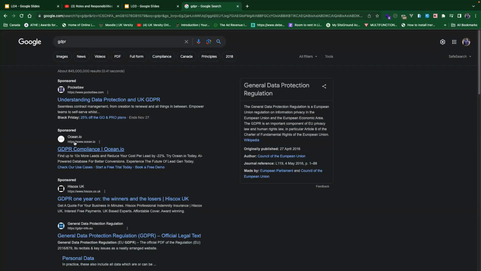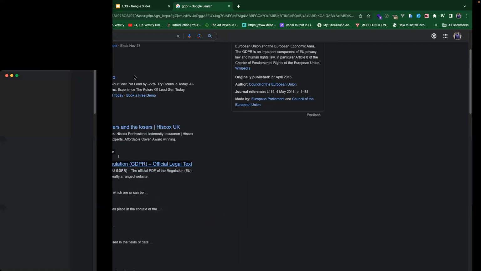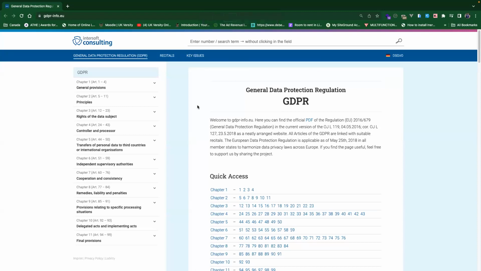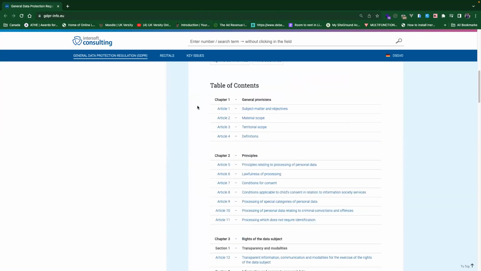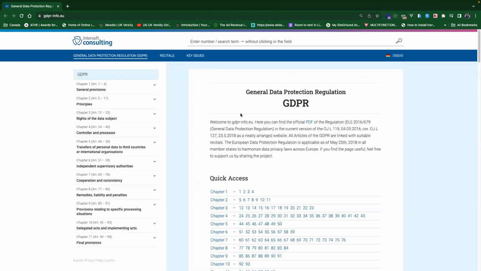We can have a look at what GDPR is. In this website, you can see details of what GDPR is for the European Union.